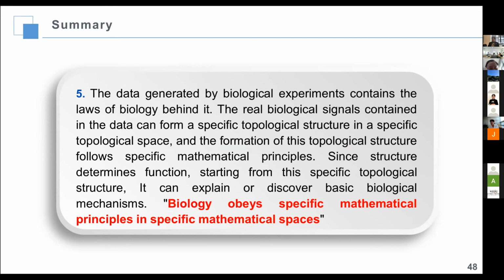Structure determines function. Starting from specific topological structures, it can explain or discover basic biological mechanisms, and biology obeys specific mathematical principles in specific mathematical spaces.